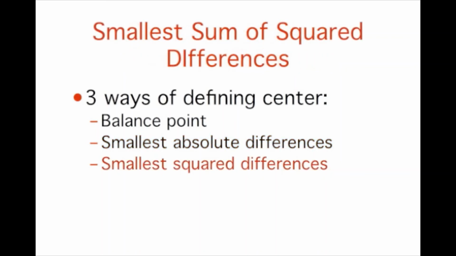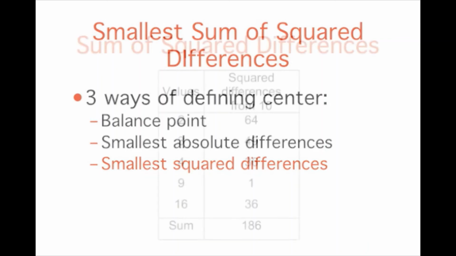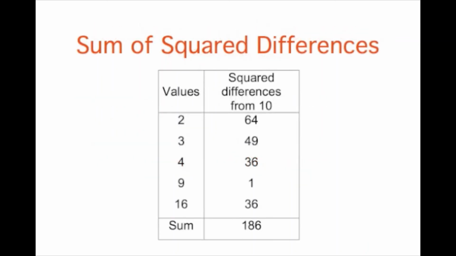We now discuss one more way to define the center of a distribution. It is based on the concept of the sum of squared differences. Again, consider the distribution of the five numbers 2, 3, 4, 9, and 16. This table shows the sum of the squared differences of these numbers from the number 10.